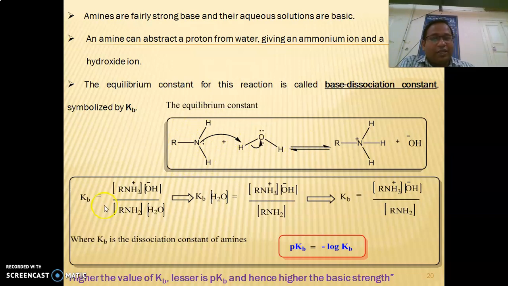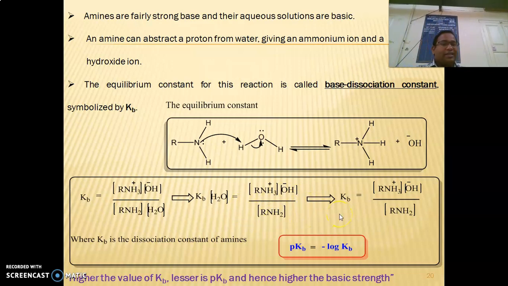So the dissociation constant Kb can be written like this: the product of the right hand side divided by the product of the concentrations of the two reactants on the left hand side. We know that the water molecule is taken as unity, so it is also constant. Kb is equal to the product of the concentrations of the ammonium ion and the hydroxide ion divided by the concentration of the amine.